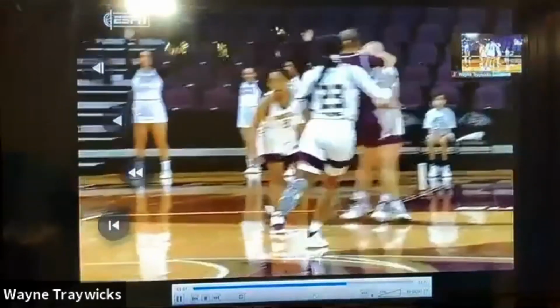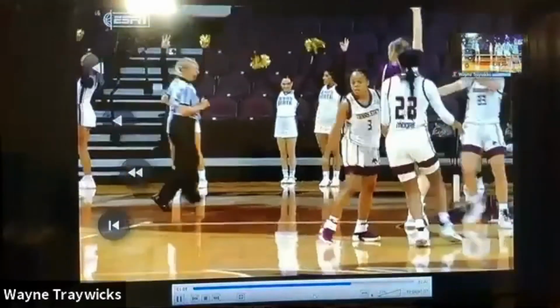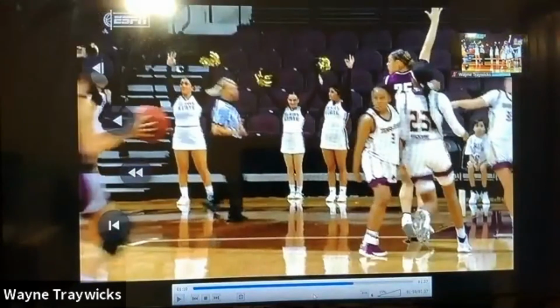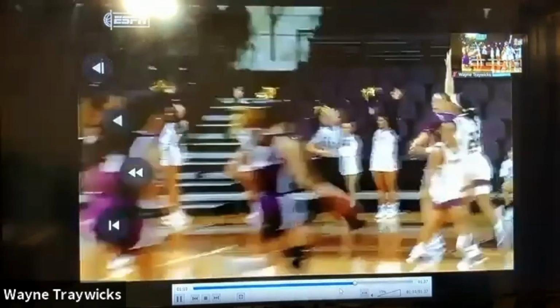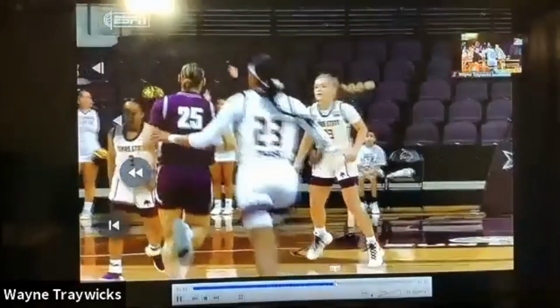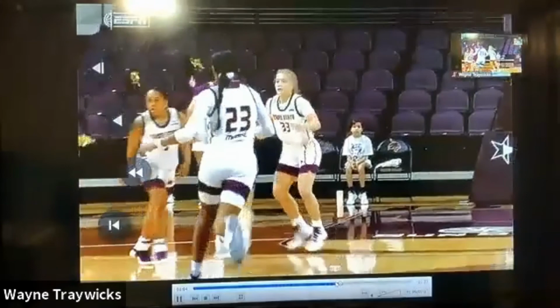I would stick to the terminology of she seeks her out to create that contact with the elbow to the face. I can buy that, but again, when you look at that play closer, it doesn't look like a disqualifying foul from what I just saw. I can see maybe an intentional, so you've got to be careful how you word it.